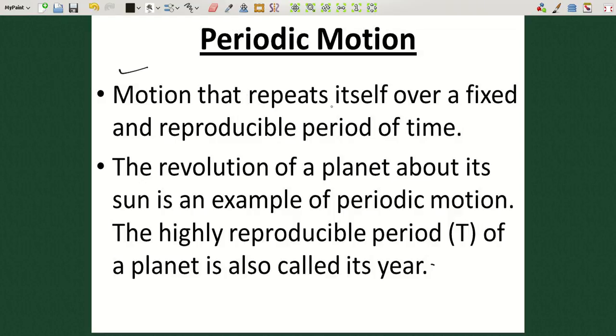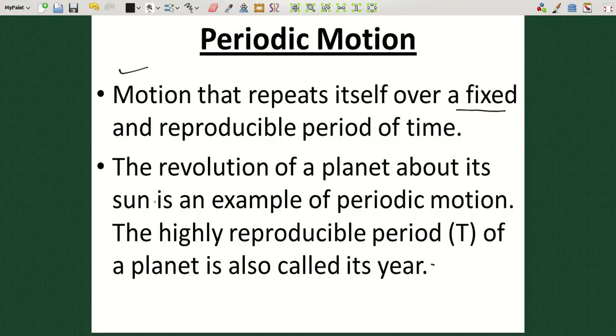Motion that repeats itself over a fixed and reproducible period of time is called periodic motion.